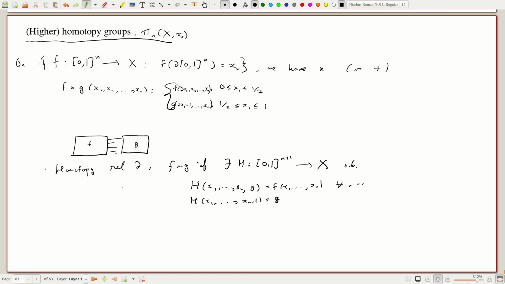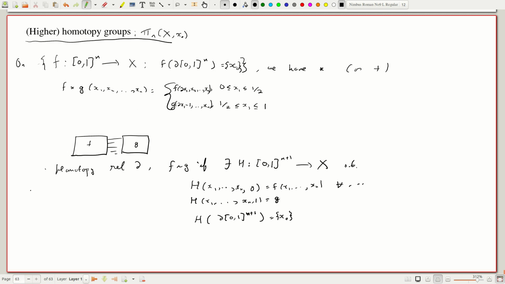And remember, the base is going to be f, the top is going to be g. The entire boundary, which includes the base, the vertical sides, and the top of the n+1 cube, is going to map to x0. More precisely, they all map to the set x0. Even here, to be precise, I have to say the set x0. Okay, so this is fine.